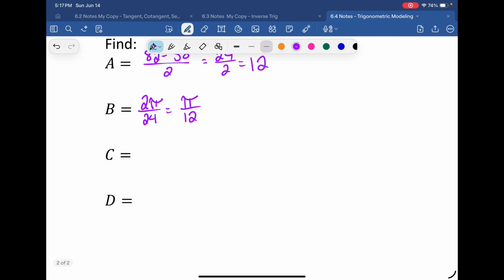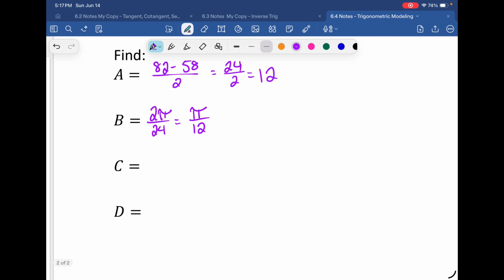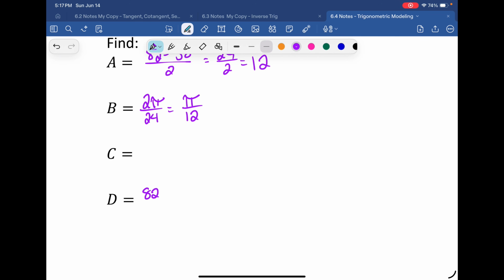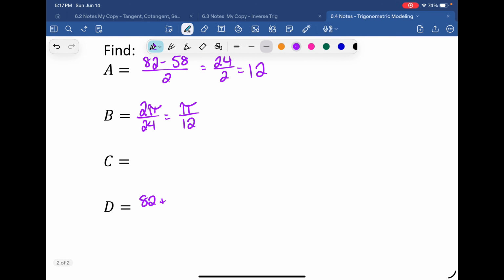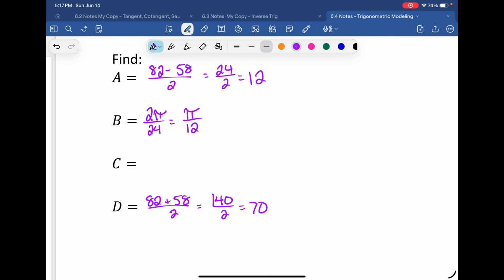And I can find the midline pretty easily. That is max plus min divided by 2. What I need is the phase shift.